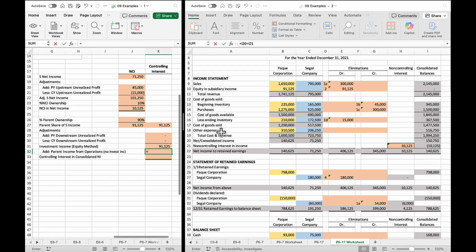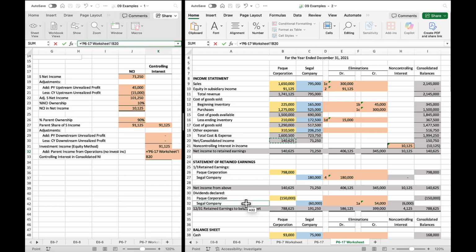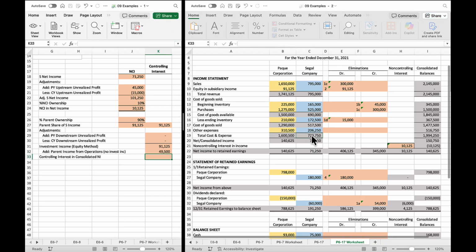And we're going to do so by taking our parent's reported income of $140,625 and subtracting out the income that we recognized from our subsidiary. In this case, because it's the equity method, the income was the $91,125 of equity in subsidiary income. We're going to take that out, and you see that we end up with exactly the same amount of equity income and exactly the same amount of parent income from operations.